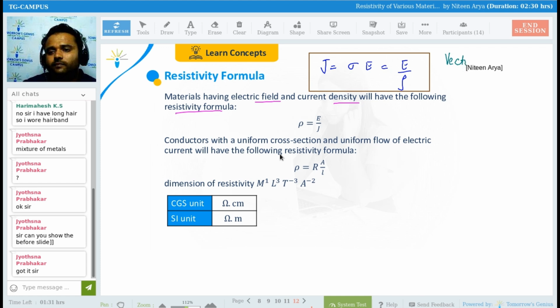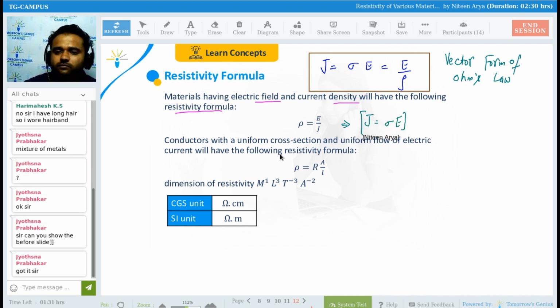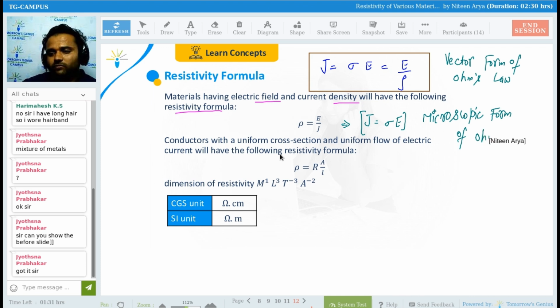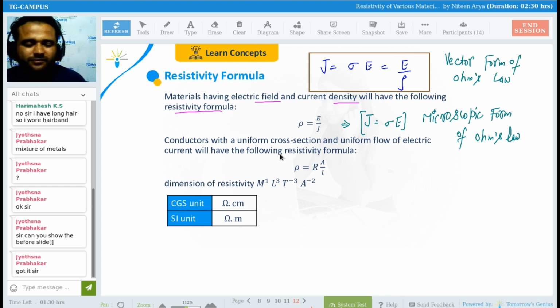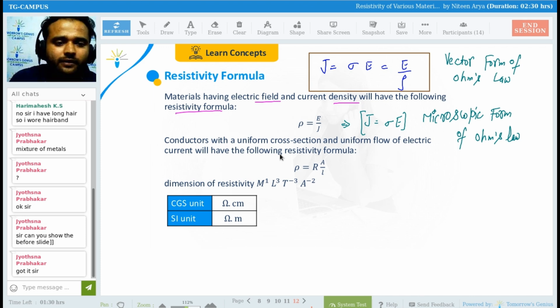Vector form of Ohm's law, or microscopic form of Ohm's law: J equals sigma E. That is important from each perspective, for boards and for JEE, because they ask the derivation of this directly. Okay, this relation we also covered.